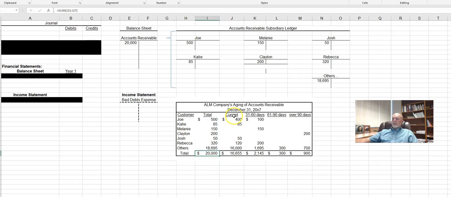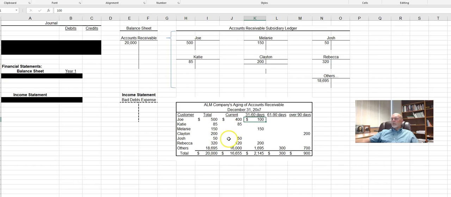But then out here, I'm aging those account balances. For example, customer Joe, who owes us $500, $400 of that is current, meaning it relates to sales that we made in the last month, and $100 of it is between 31 and 60 days old.